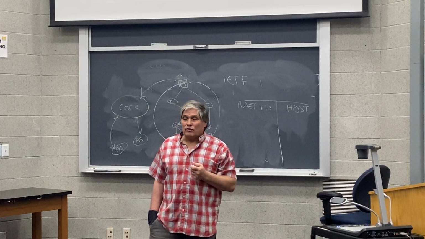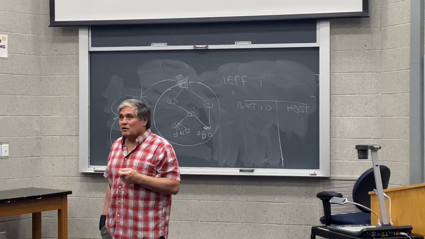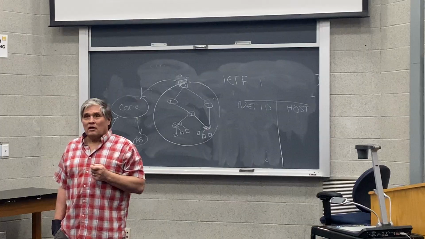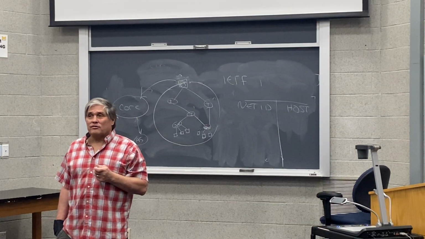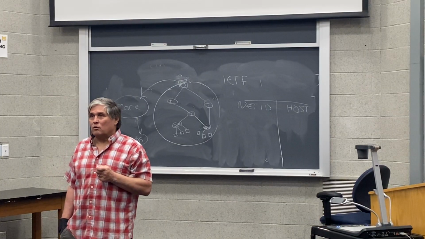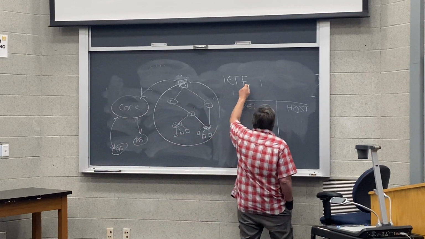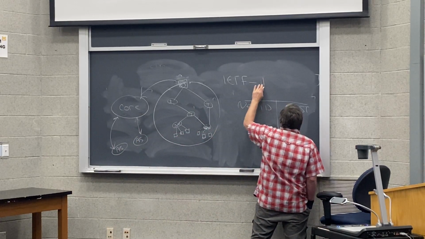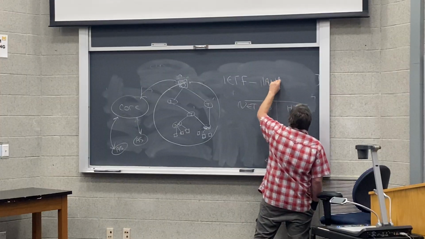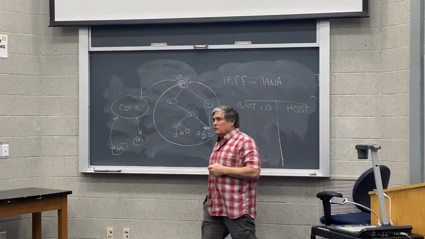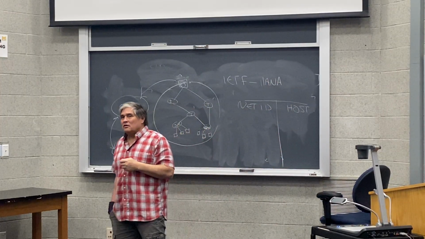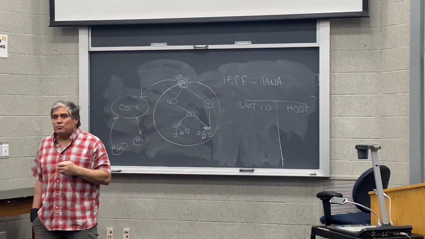If you want to have a network, you have to apply to the IETF, and if your application is accepted, they will assign you a network ID. In particular, the subgroup is the IANA, the group under the IETF that regulates IP address assignment.